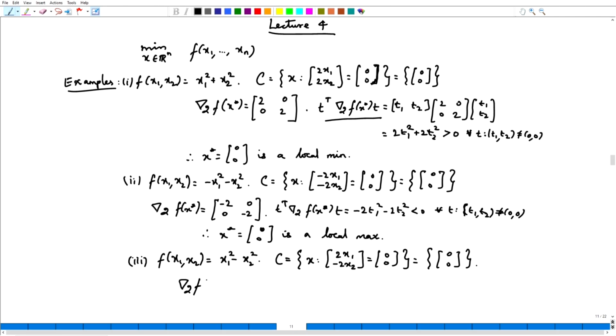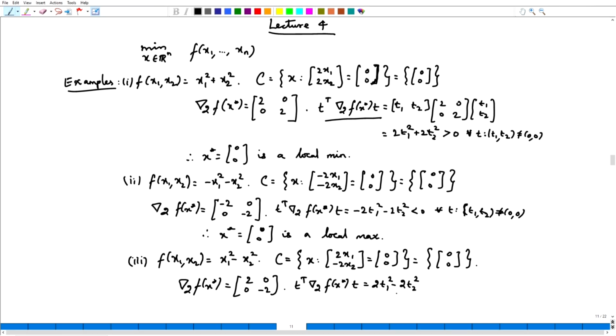Now, when you consider the Hessian, del 2 f of x star, you have [[2, 0], [0, -2]]. This is the Hessian matrix, and t transpose del 2 f of x star t is 2 t1 squared minus 2 t2 squared.